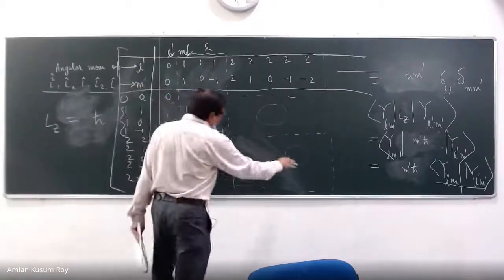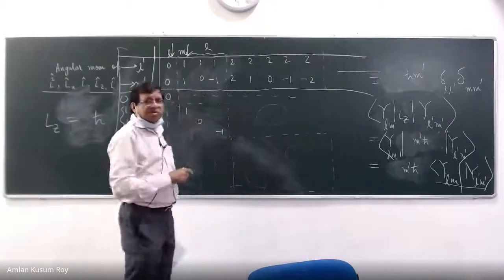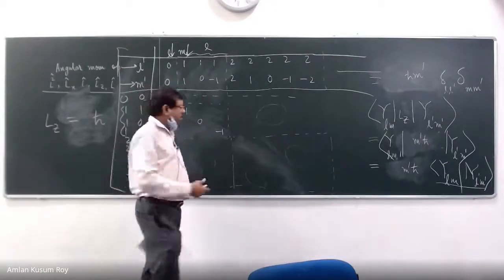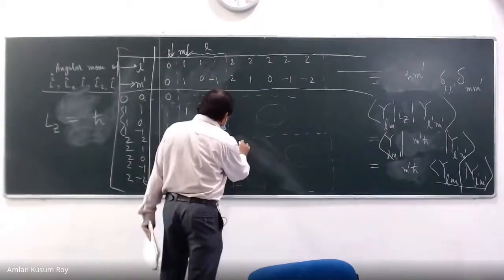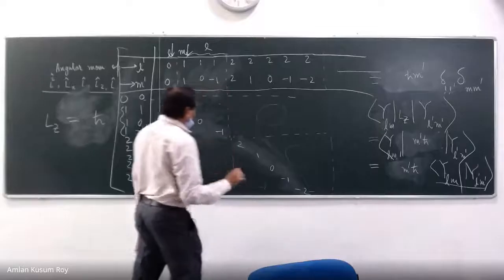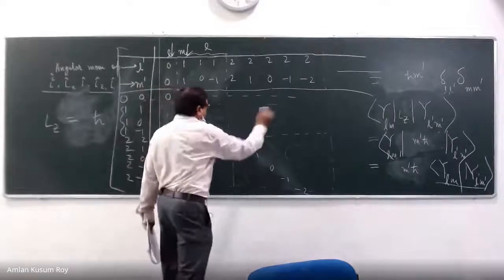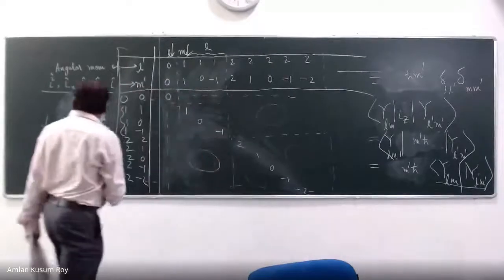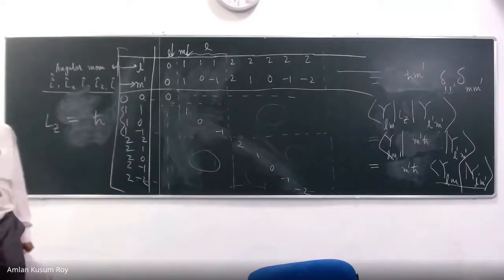Now you see 0, and once you understand 0, you understand a lot. Now you can easily tell me what this is. This is 2, 1, 0, minus 1, minus 2. Fantastic. So the rest are all 0. You see that? So this is the form of the LZ matrix.